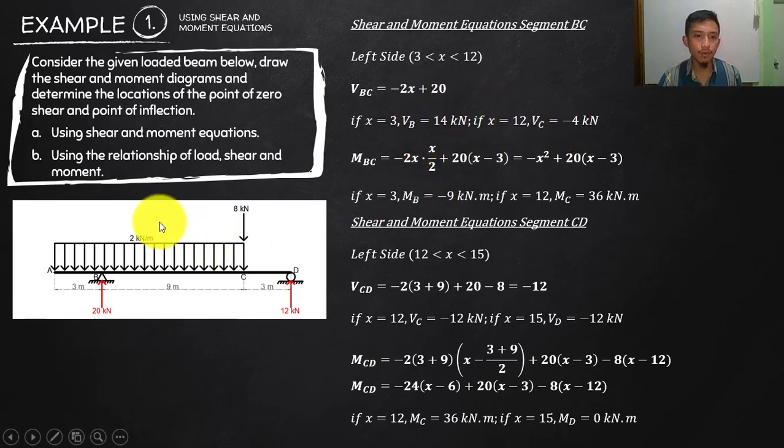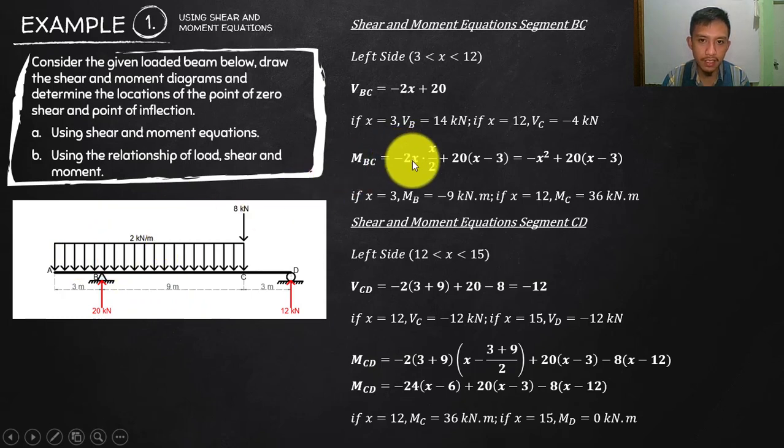And then take a moment at that section. 20 is a clockwise moment at the section I am considering here. But the question there, what is the distance? If I cut at X from A, what is the distance of this 20? That is X minus 3, and that is positive. And then do not forget the moment of this UDL.